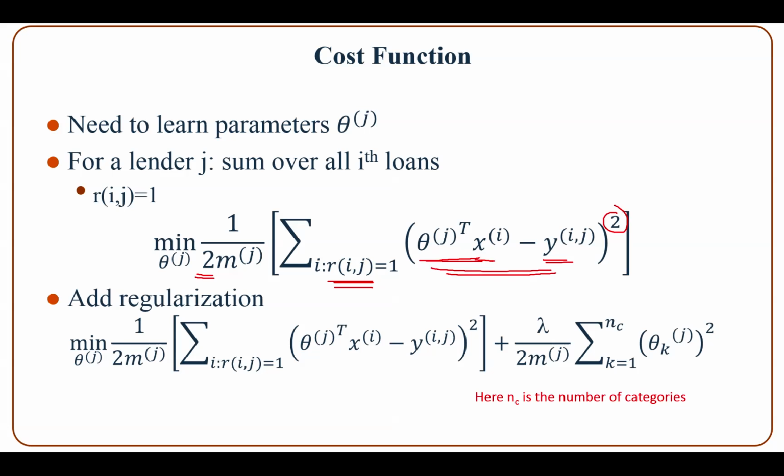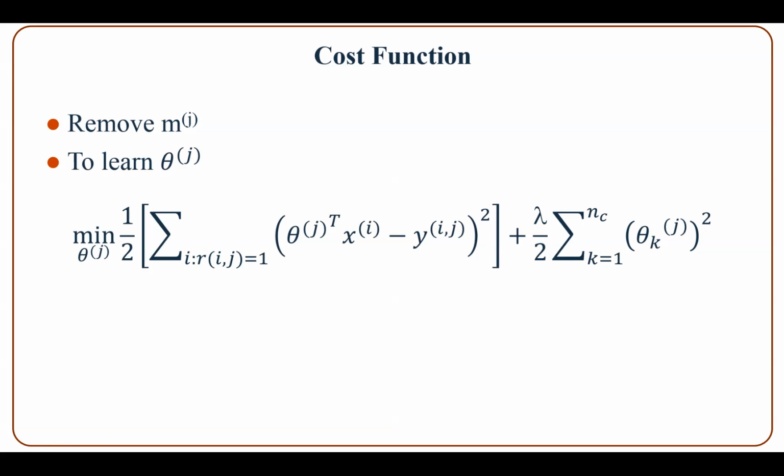A regularization term can be added, and NC here is the number of categories, and here we minimize the whole thing for just the lender j. We can remove mj from the cost function, and now it becomes this.